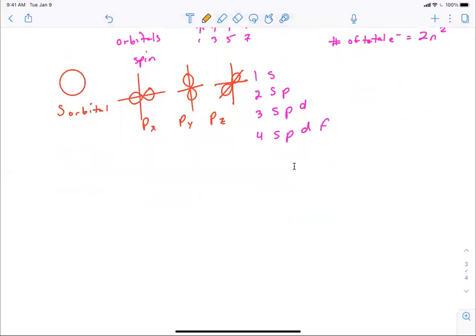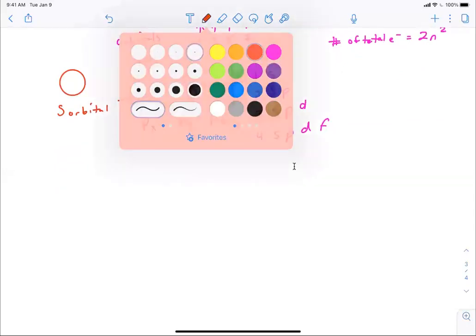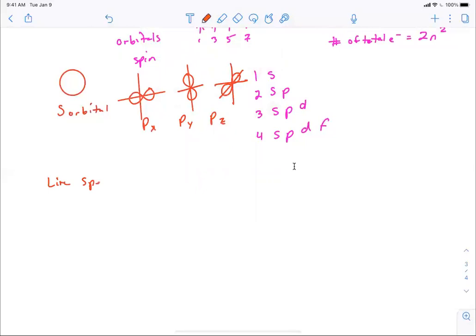Also, don't forget about emission spectrums and continuous spectrums and line spectrums. And so your line spectrum is a specific set of frequencies of light displayed.